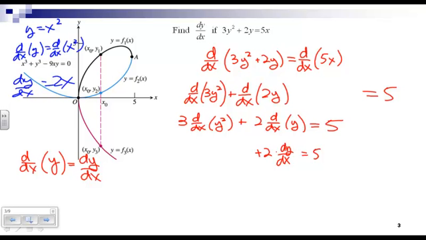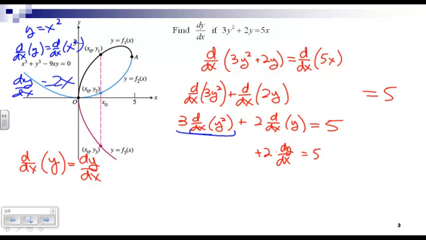Now, we got something a little stranger here. This derivative right there, that's going to be different, because we have a composite function. Look at y squared. y squared is a composite function.